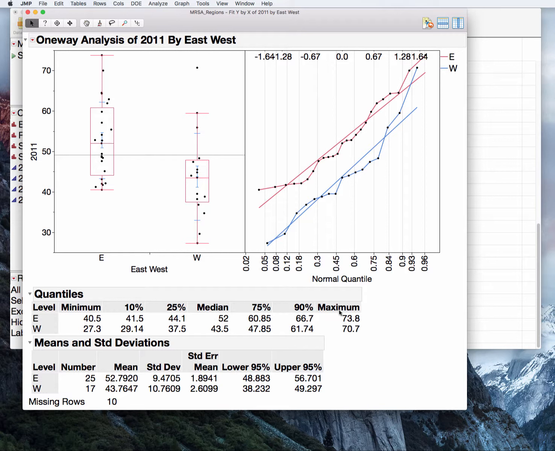And in normally distributed data, we'll see equal spread with the quantiles. Here, it's actually all right until we get into the tails. For normally distributed data, we would want the points to be along this line, and we do see that. And in addition, we now have some information about our missing data, as well as what our means and standard errors are, as well as our confidence bounds about those means, to look at comparing them with a t-test in the next video.